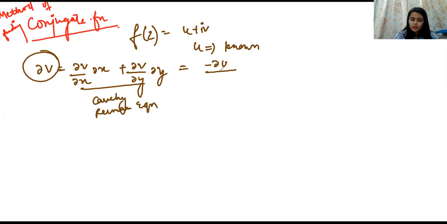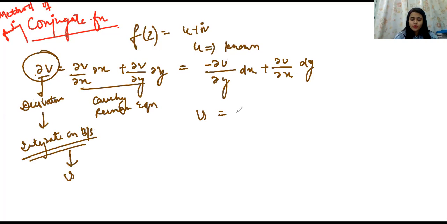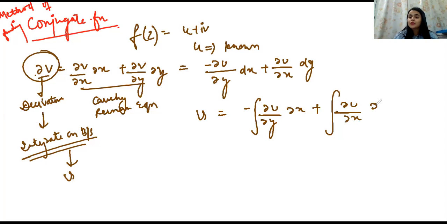So dv equals minus del u by del y dx plus del u by del x dy. Now you have the partial derivatives of v. If you integrate on both sides, you will get the value of v. So v is equal to the integral of minus del u by del y dx plus the integral of del u by del x dy. Clear?